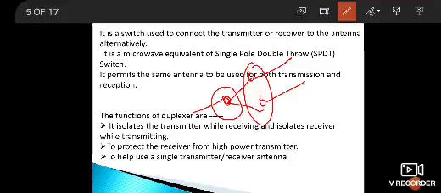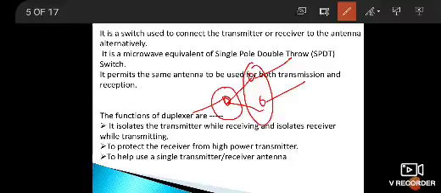Because if we use the same antenna for the transmitting and receiver sections, there is a probability of the high power signals reaching the receiver section also. If we do not use the duplexer, the high power signals transmitted from the transmitter will be received by the receiver also.